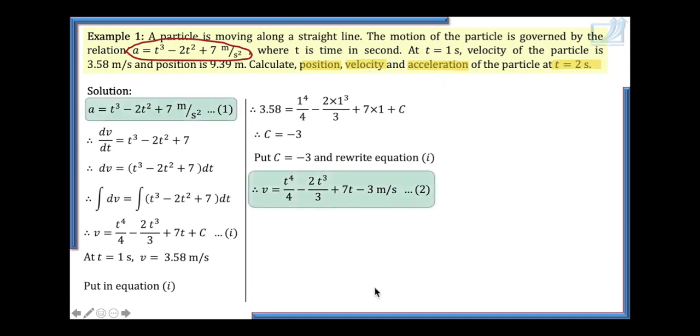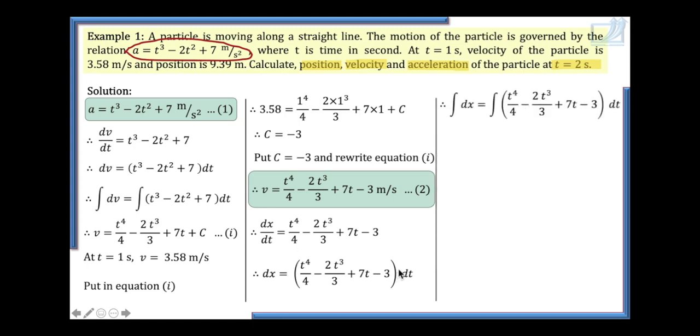With these two equations we'll be able to find acceleration and velocity, but because position is asked, we'll integrate velocity further. Replace velocity by dx by dt, separate the variables, check here dt is on the right side, and now integrate it. So it's simple integration again, x raised to n plus 1 by n plus 1.